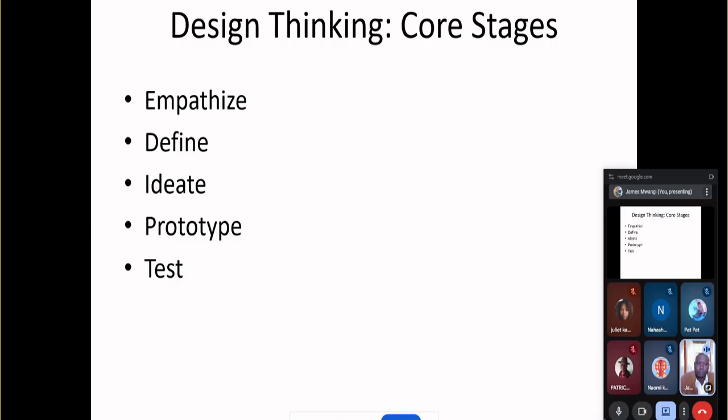You empathize. And then number two, you define. Look at these stages, all of them. You define, you ideate, create a prototype, and then you test. Remember, this process is repeatable. That is what it means to repeat the process by changing.